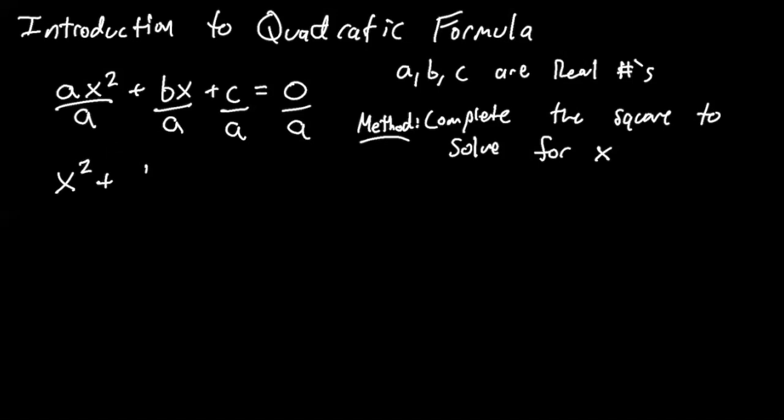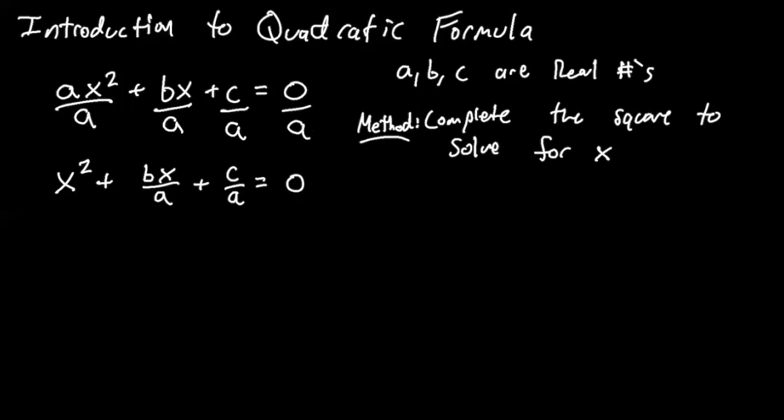So x squared plus bx over a plus c over a equals 0, since 0 divided by anything is 0. And this is assuming we have a quadratic. If this isn't a quadratic, we'd be dividing by 0, which gives us an undefined value.